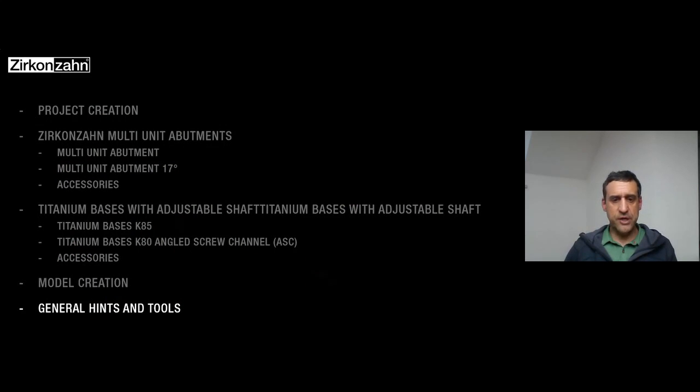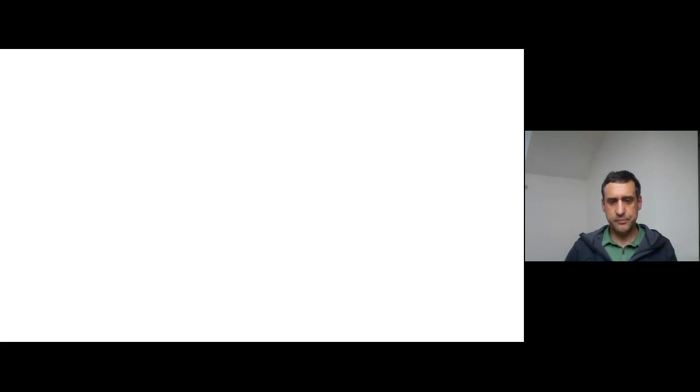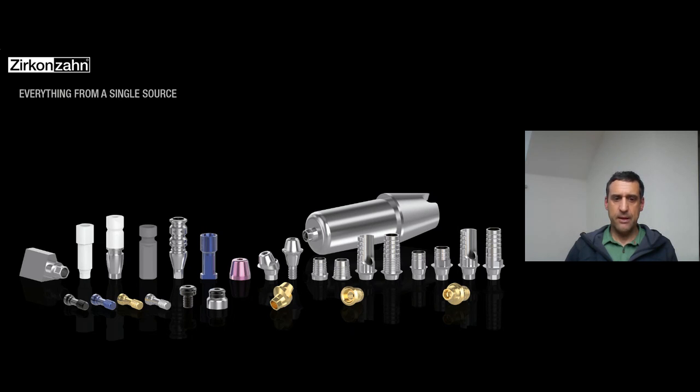Now we will just have a look at the tools and some possibilities you have with the software. Here you can see an overview of the components. The scan body, regular once again, the white one, the white metal scan analog, impression copings, regular analogs, healing caps, different multi-unit abutments, type 1 or type 2.